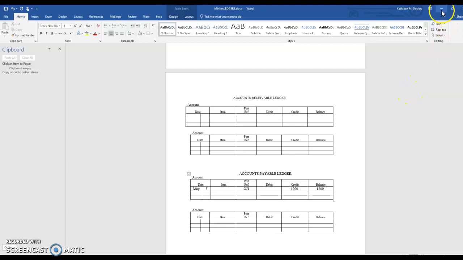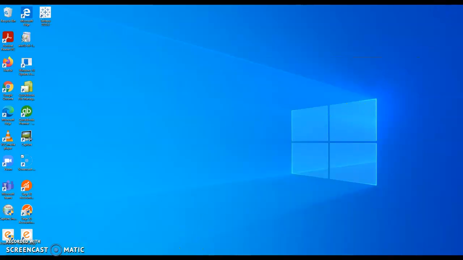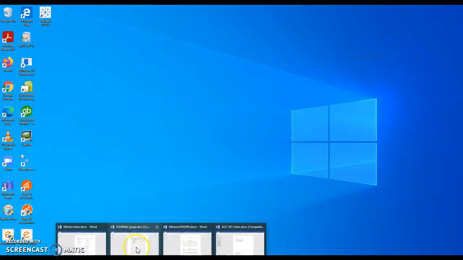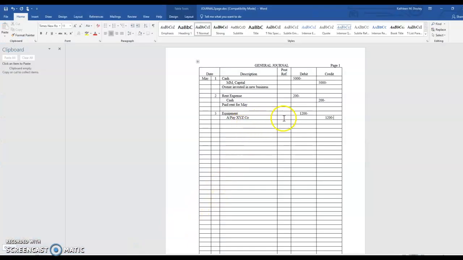Then we go back here, and we would put a check mark for XYZ, but you can just put an asterisk if you want to show that you did post it to XYZ. We haven't posted it to accounts payable in the general ledger yet, but we did post it to XYZ.